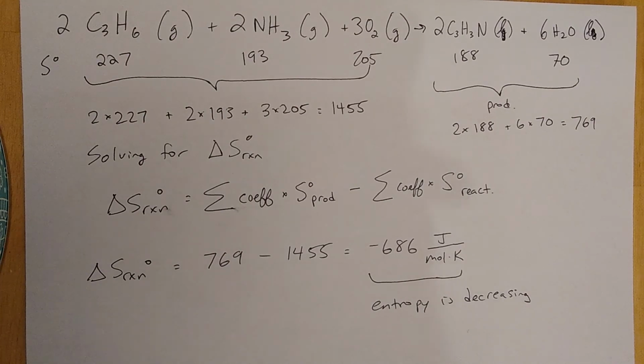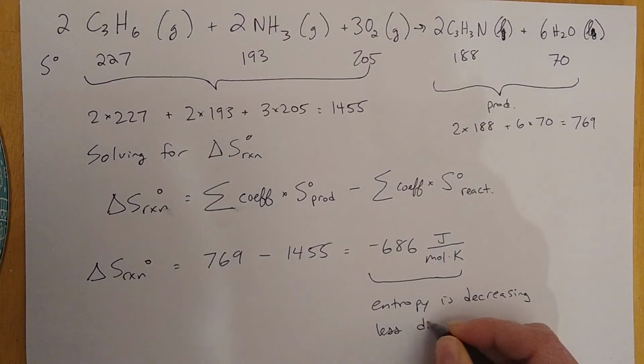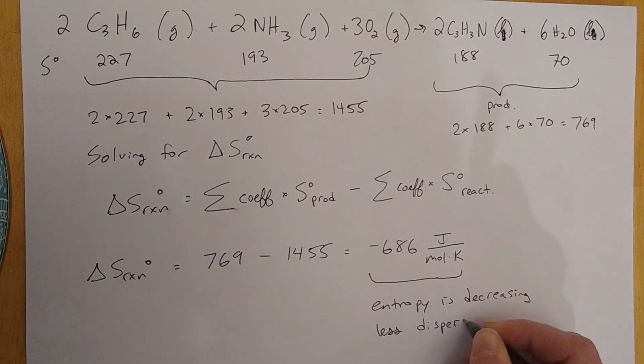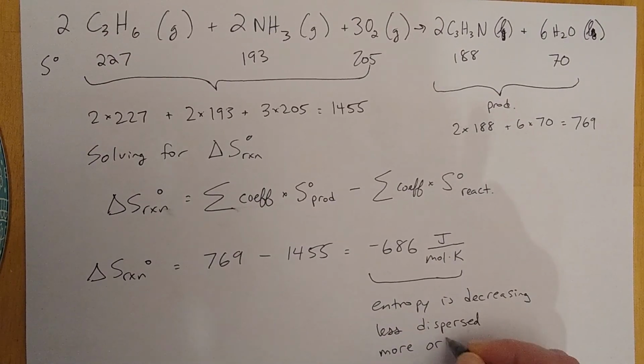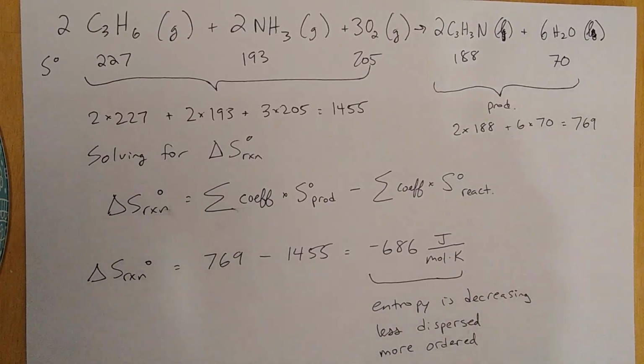The negative is almost like a double negative here because if entropy is dispersal, we're getting less dispersed, or disordered is another way to think of it. And so the opposite of that is that it's getting more orderly or more ordered. So that's what a negative delta S of reaction tells you.